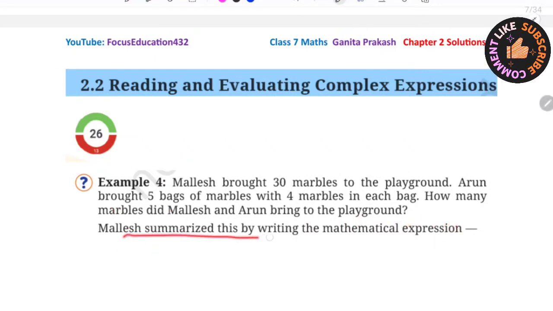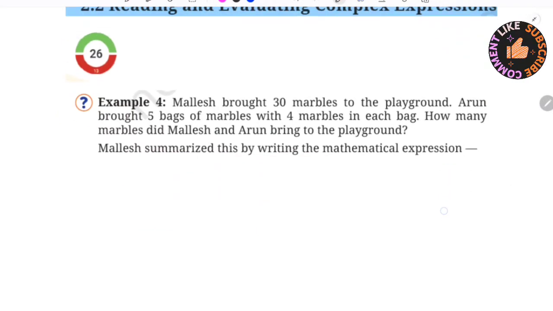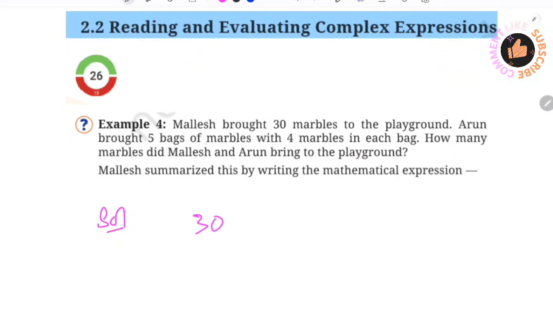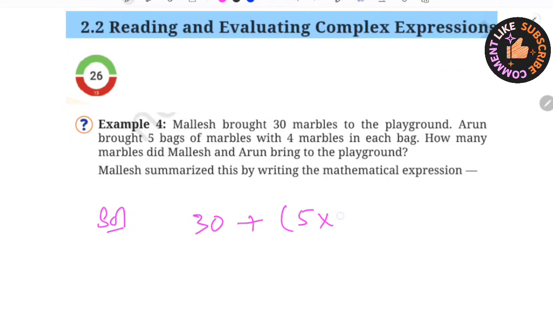So Malish summarized this by writing something, it is given here. So here we have to understand how to calculate this type of expression. So total marbles means what? 30, brought by whom? Malish. Arun brought how much? 5 bags, each having 4 marbles.